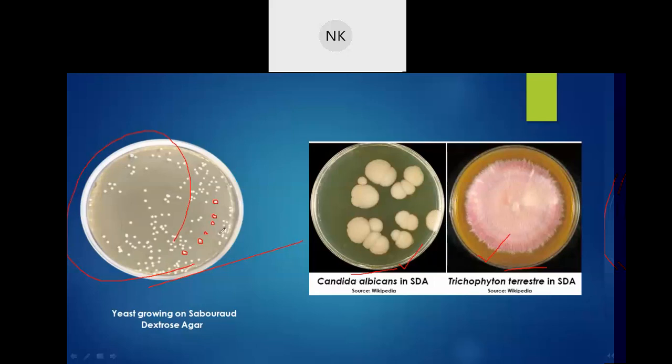So this is about the images, that is the yeast, and this is the other example of fungi growing on Sabouraud dextrose agar media. So we can cultivate this kind of fungi in our laboratory.